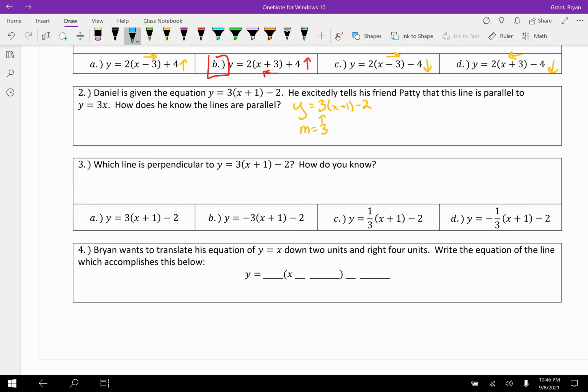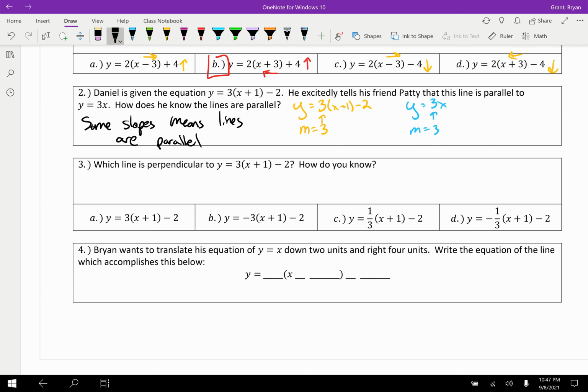We also know that y equals 3x has a slope of 3. Those are both the value multiplying by x. And we know that same slopes mean lines are parallel. We learned that on the very first day of topic 2.